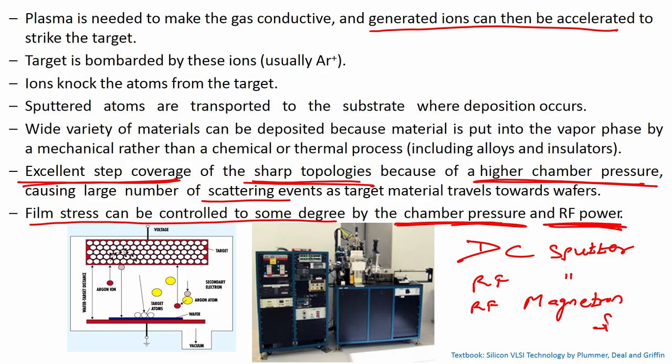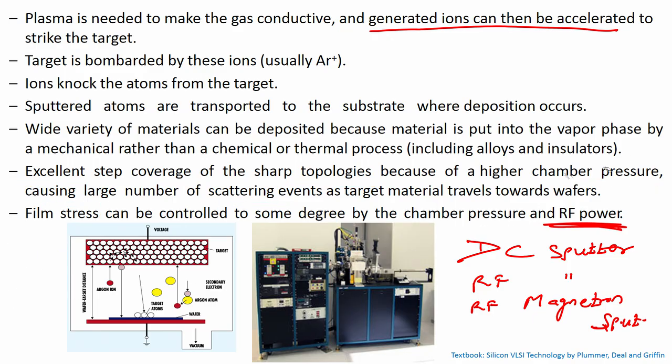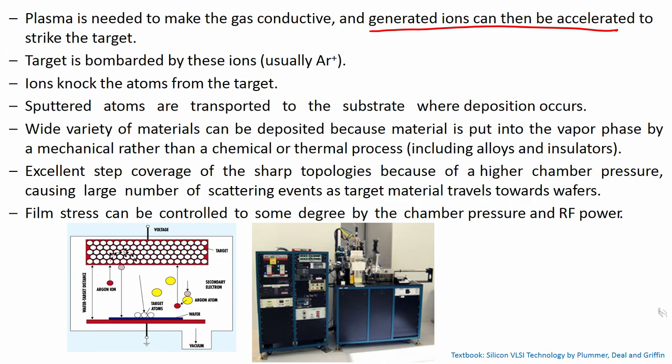The point is you can change the chamber pressure and the RF power, and your film stress can also be controlled. So, what have we understood? There are 3 main ways of physical vapor deposition: thermal evaporation, e-beam evaporation, and sputtering.